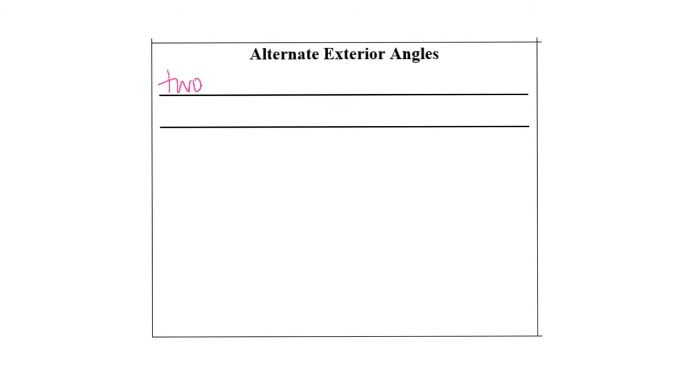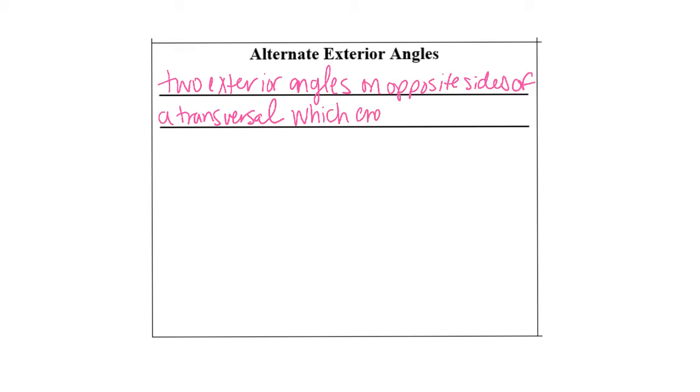So two exterior angles on opposite sides of a transversal which crosses two parallel lines are congruent.